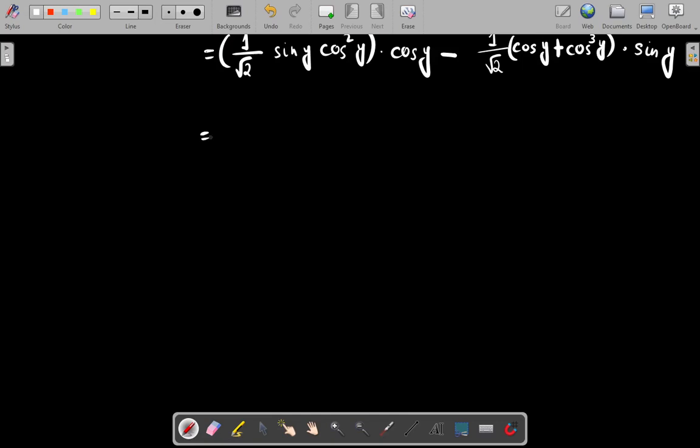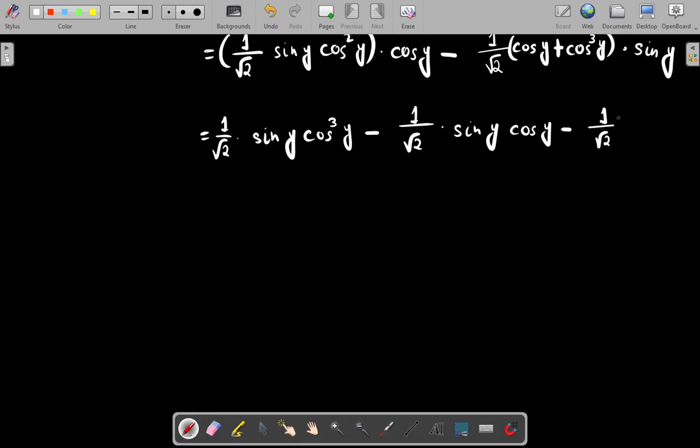Okay, so on opening this bracket, this becomes 1 upon root 2 times sin y cos cube y minus 1 upon root 2 times sin y cos y minus 1 upon root 2 times sin y cos cube y.